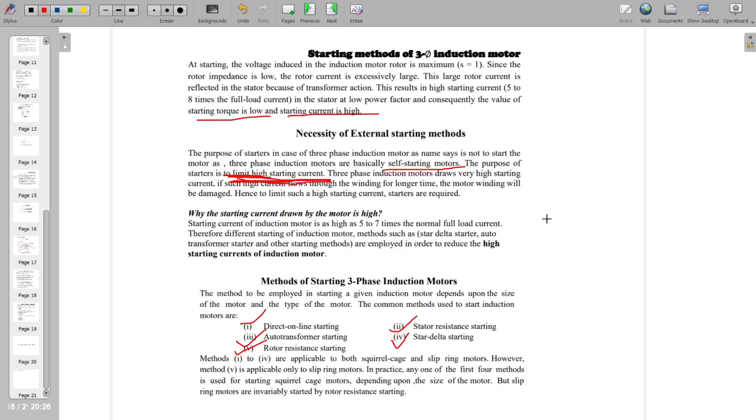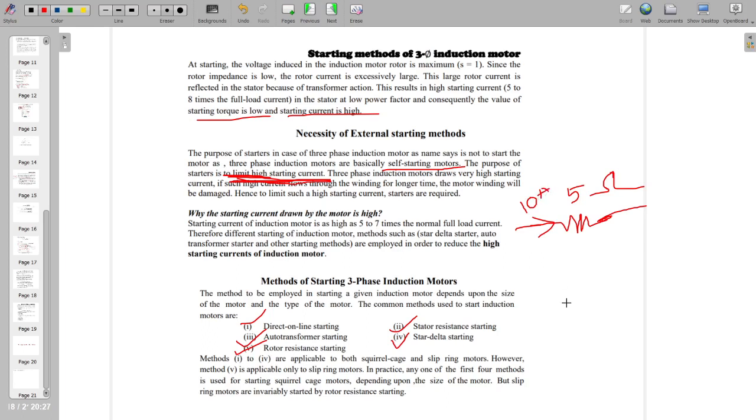So for example, I will simply explain with this example. If the resistance is 5 ohm, the current flowing through this winding or resistance, let me consider, is 10 amperes.